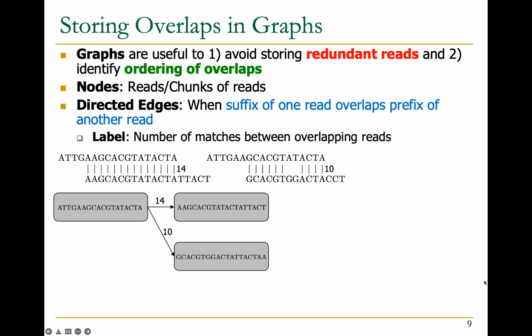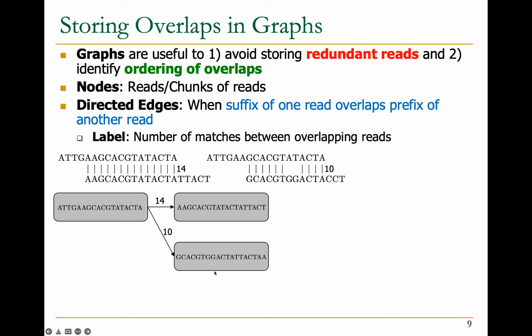Whatever process you want to do next, you can store whatever information you want here. But when we create an edge, we know that, for example, these two reads overlap with each other such that there are exactly 10 characters matching between this read and this read.